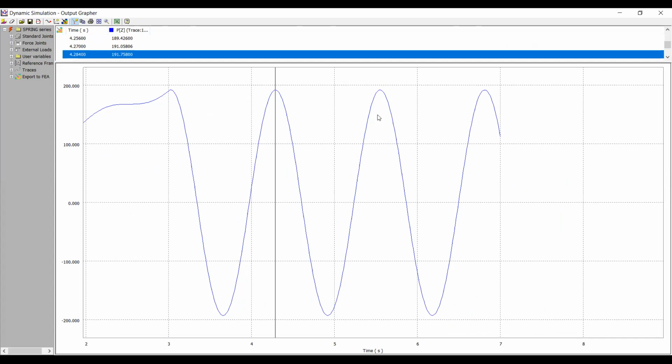So note down this first value. This is 4.28. And second is 5.54. So this 1.26 is the time period.